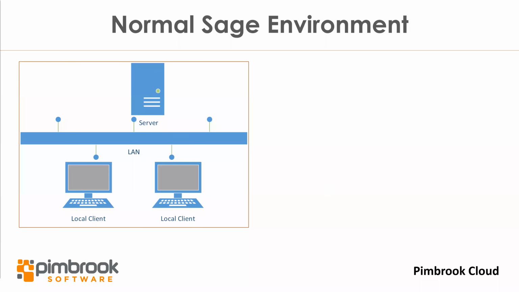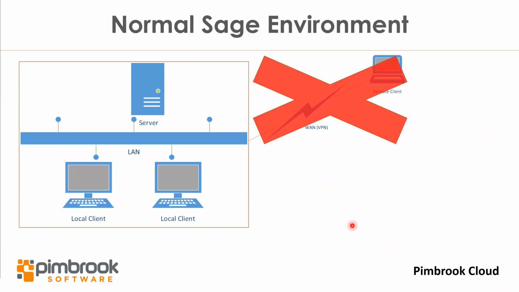And if you want to introduce remote access to this, the temptation is to move or replicate one of the local clients onto a remote PC or laptop, normally getting your IT to set up a wide area network, typically over a virtual private network, or a VPN as they call it, and that connects to your data on the server.